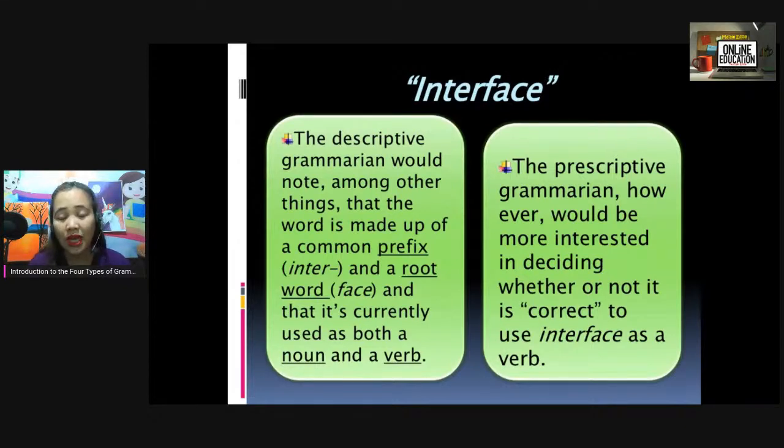As I mentioned earlier, what is not to be used and what is to be used. Is it proper or not? If there is a question like, is it proper to use or not, you are using this type of prescriptive grammar.